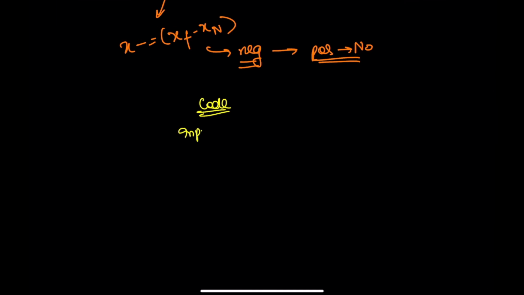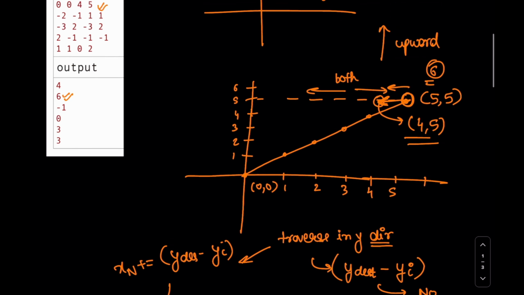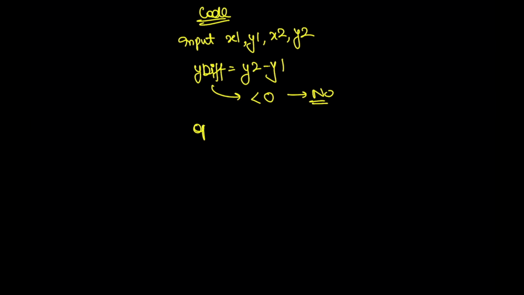So we'll input x1, y1, x2, y2. Now we will first calculate y difference, that is y2 minus y1. If this difference is less than 0, then the answer is no, because we cannot move below in the y direction. We cannot come down in the y direction. We can only move upwards. Now we will have an operations variable that will show our answer, and we'll make it equal to the y difference.